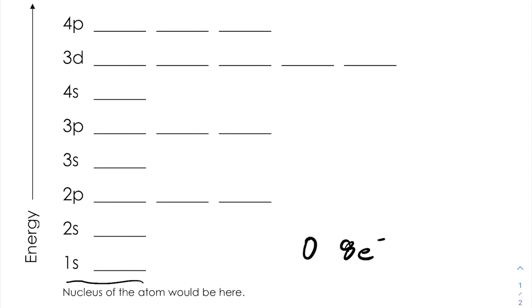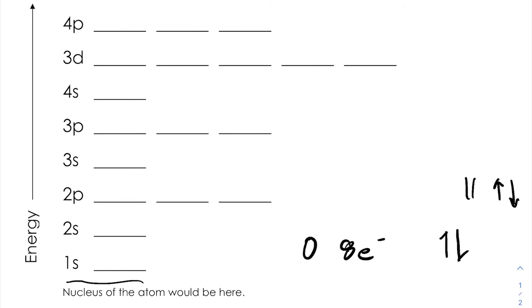They tend to represent them with half arrows, like this. That's 1 electron, and then another one looks like that, another half arrow. So each one of those represents 1 electron. Electrons have spin, and they spin up or spin down. It's not important for the class, but that's why they're usually paired like that, because one spins up and one spins down. If you wanted to draw 2 lines to represent 2 electrons, that's fine. If you want to draw 2 arrows like this, that's fine, whatever you want to do.